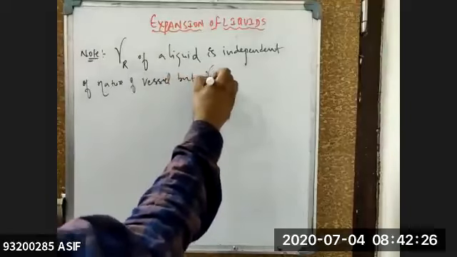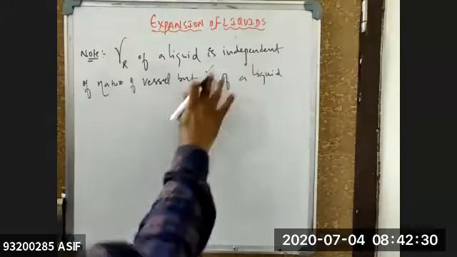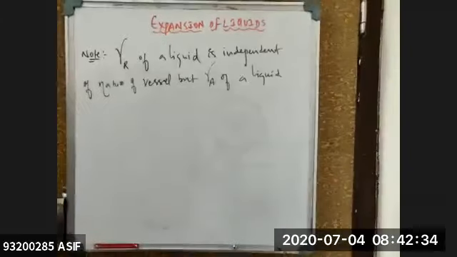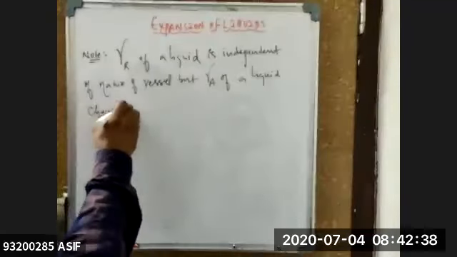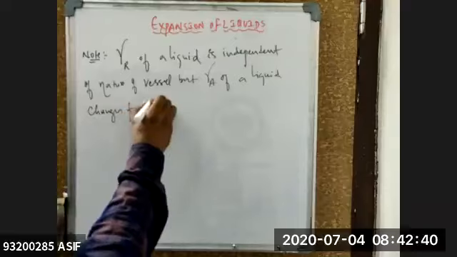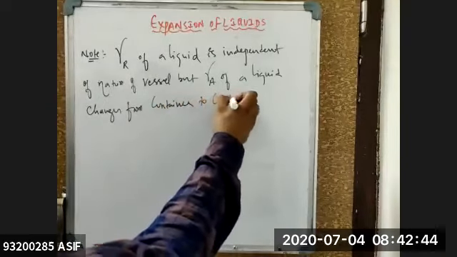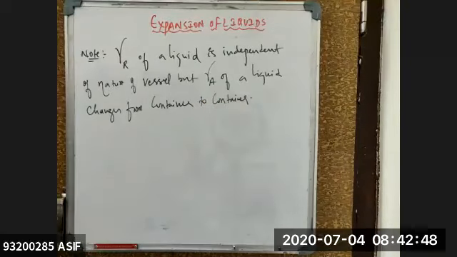But gamma A of a liquid, gamma A meaning apparent expansion, changes from container to container. Very important.